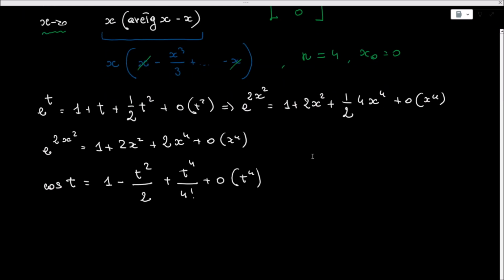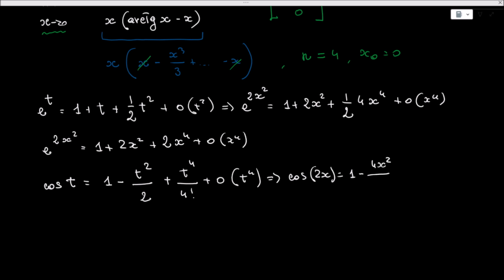So the cosine of 2x is equal to 1 minus 4x squared divided by 2 plus 16x to the 4 divided by 24, plus little o of x to the 4.